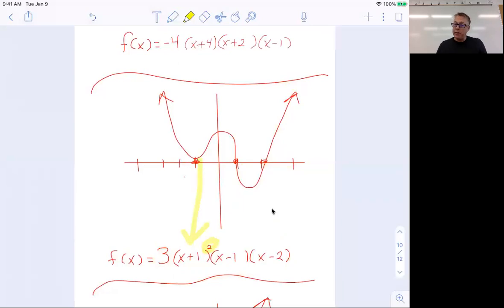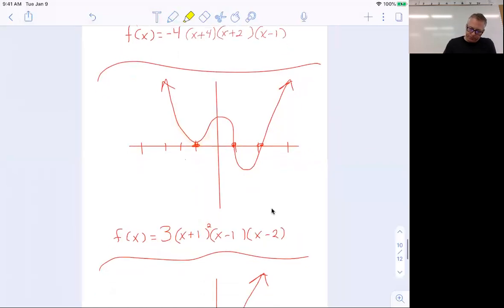It has to be to an even power. So that gave us x plus 1 to the second power because the graph came down, bounced, and went back up. So it's still a root, but it has a higher power to an even number, in this case, squared.